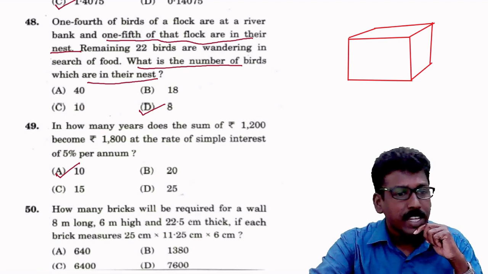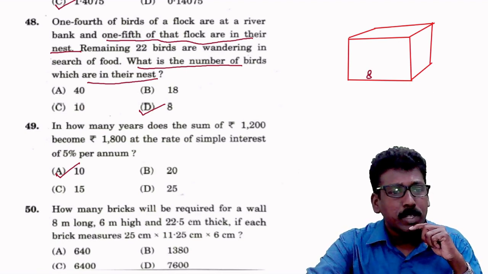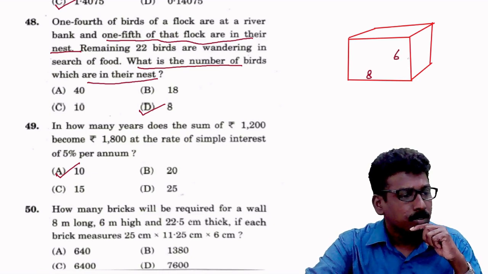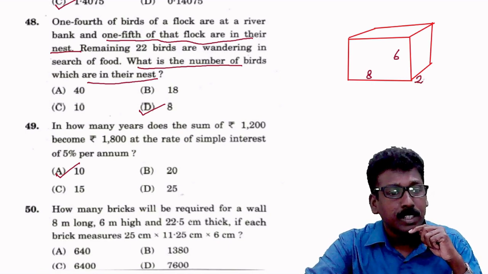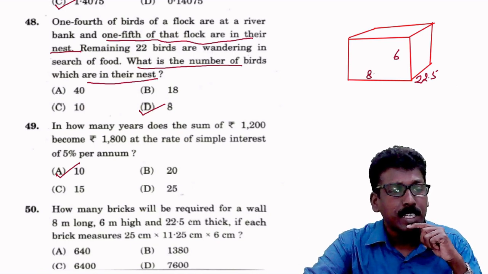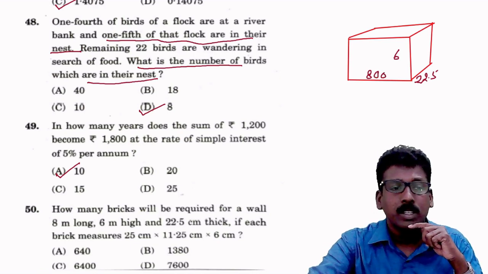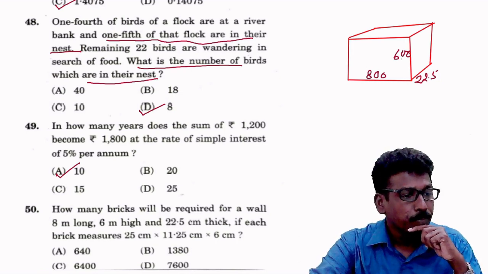Dimension is given as 8 meter long, 6 meter high and 22.5 centimeter thickness. 22.5 is in centimeters, so you can make all the other units in centimeters. So 8 meter means 800 centimeter and 6 meter means 600 centimeter.